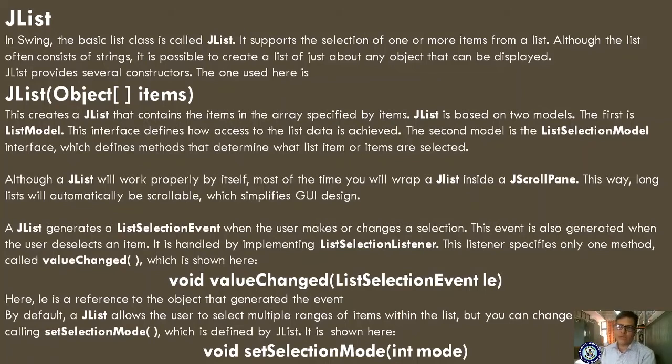If you want to execute this, you must implement ListSelectionListener. This listener specifies only one method called valueChanged. So if you want to generate any events related to the JList box, you implement the valueChanged method of your listener. Here is the syntax: public void valueChanged(ListSelectionEvent le). le is the object.